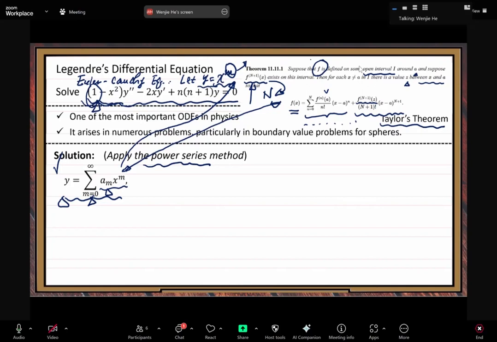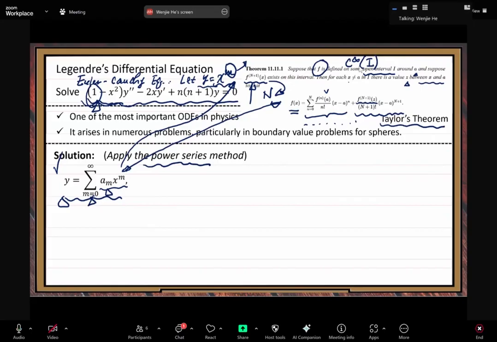Let's say this, infinitely differentiable. People represent it in this way: C infinity. The order of derivatives this function has is infinite. C infinity on this interval I.